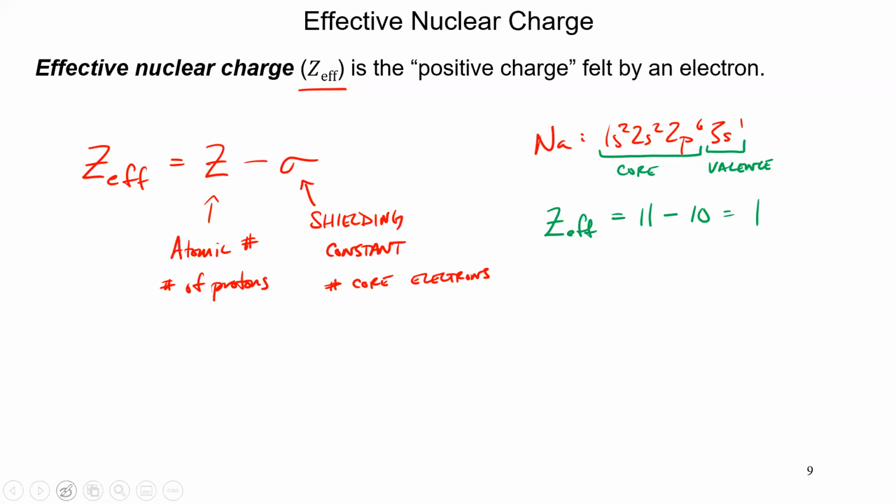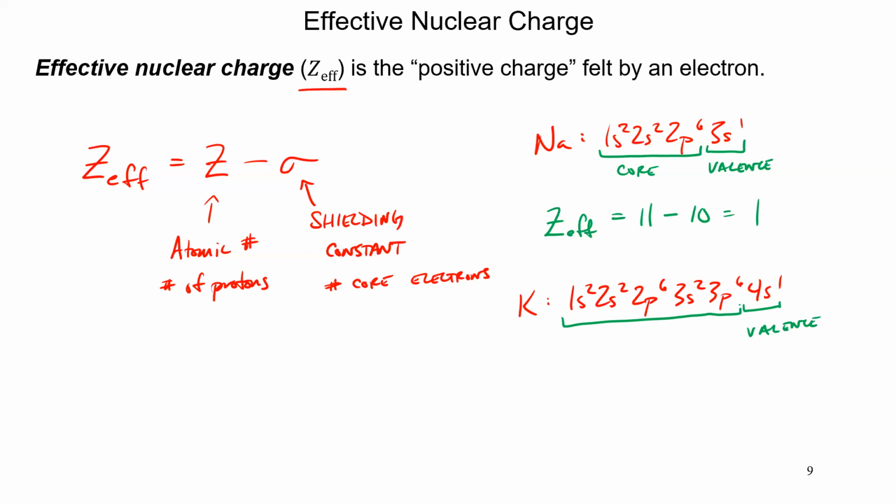So his Z effective is 1. Okay. If we go down that column, let's go to potassium. 1s2, 2s2, 2p6, 3s2, 3p6, 4s1. Again, this last highest shell is our valence. Everything else is our core.